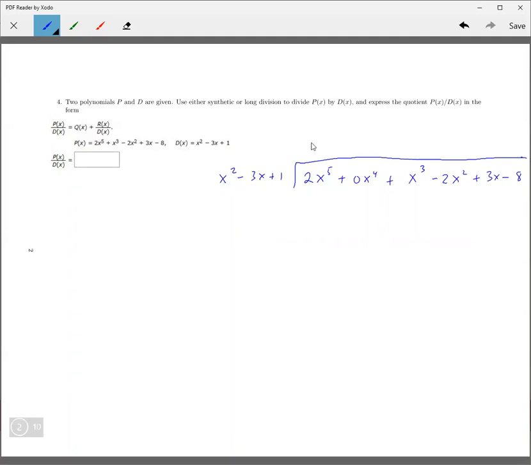Okay, so again, right here, it's 2x cubed. 2x cubed times x squared is 2x to the 5th. 2x cubed times negative 3x is negative 6x to the 4th. 2x cubed times 1 is 2x cubed.